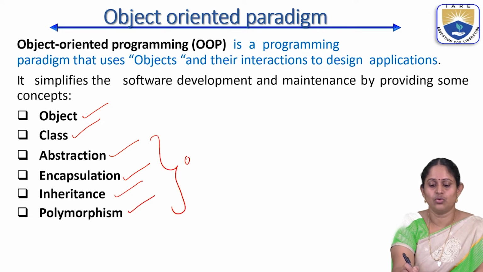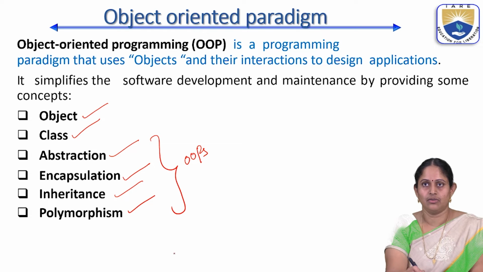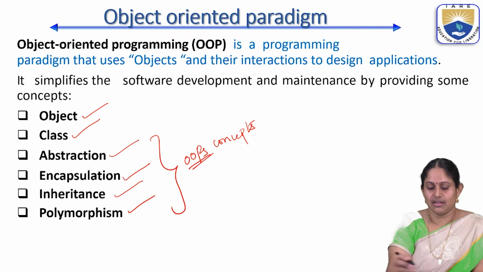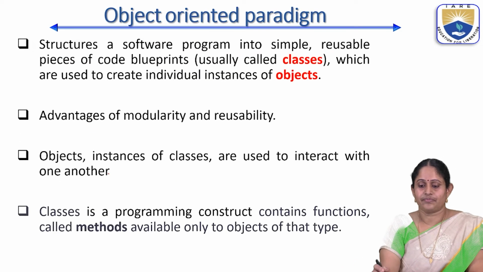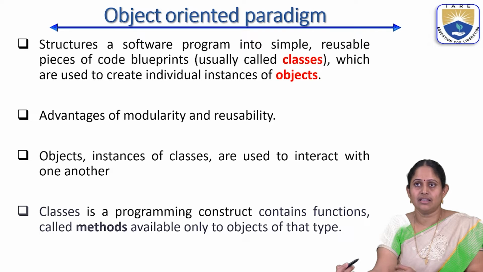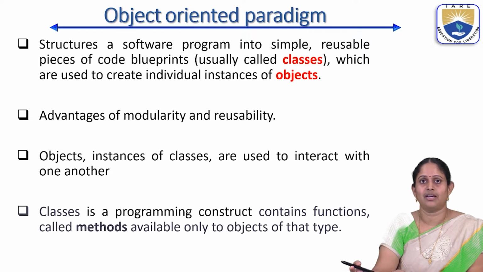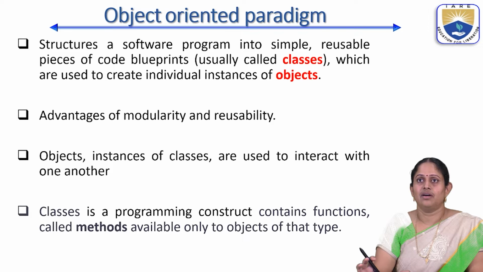These four form the OOPS concepts or features. In any object-oriented program, the software program itself is defined inside a class. So what is a class?